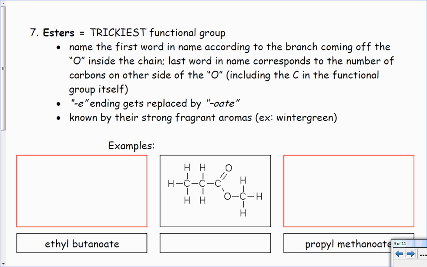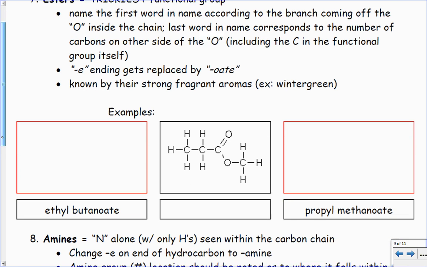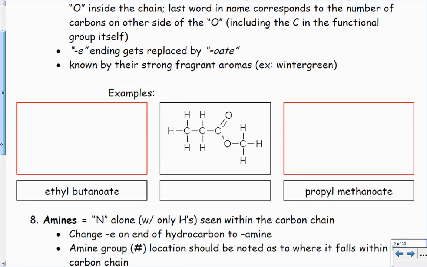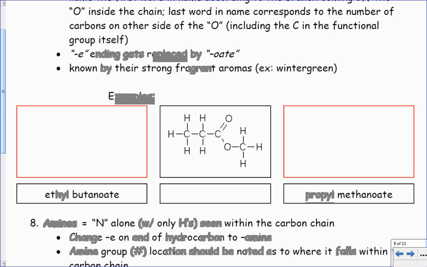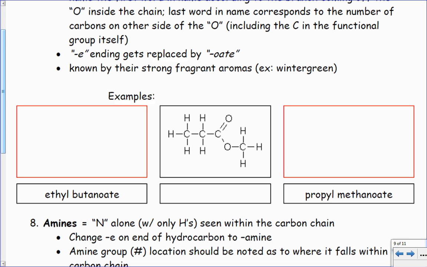The E ending gets replaced with OATE, known by their strong, fragrant aromas. In organic lab in college, I believe it's organic two, you get to make some of these things. Some of them smell very terrible. Some of them smell very wonderful. Neither of these are in the reference tables, so I'm going to leave you with ethyl.